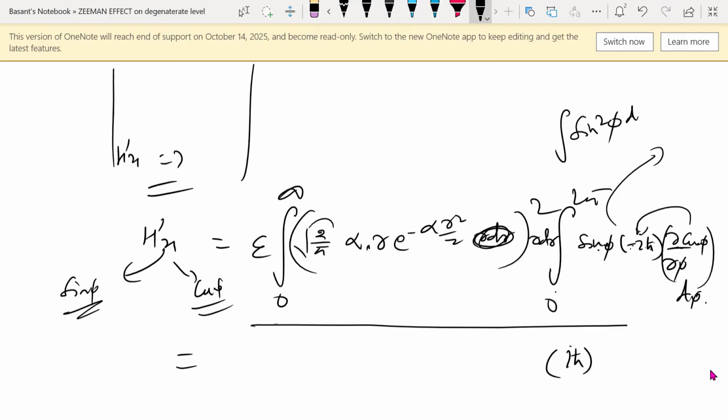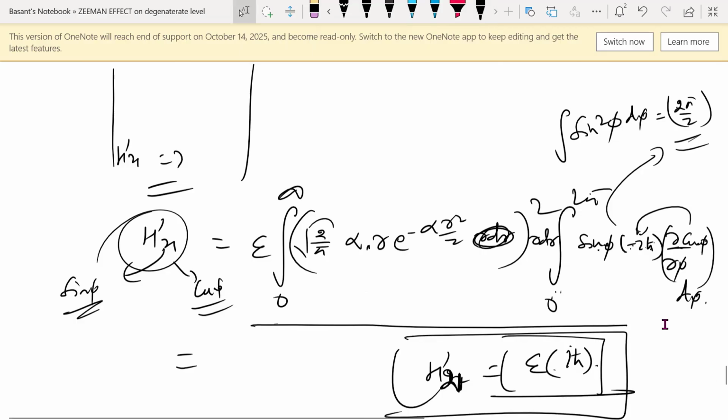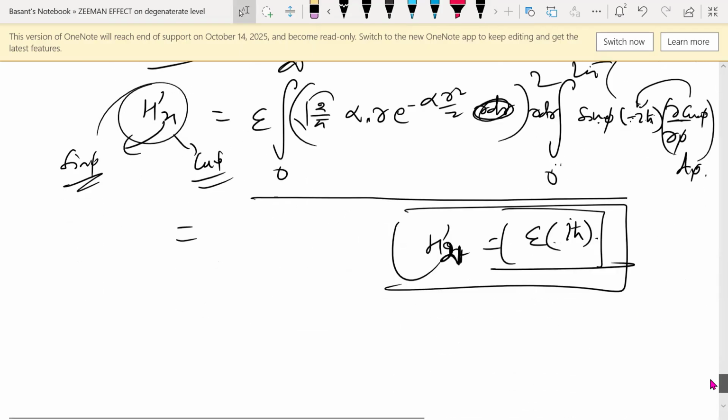The integration of sine square phi d phi also gives the same value as cos square phi for this integration limit, that is 2 pi by 2. Hence the integration finally gives H'11 equal to epsilon i h-bar, only the sign difference.